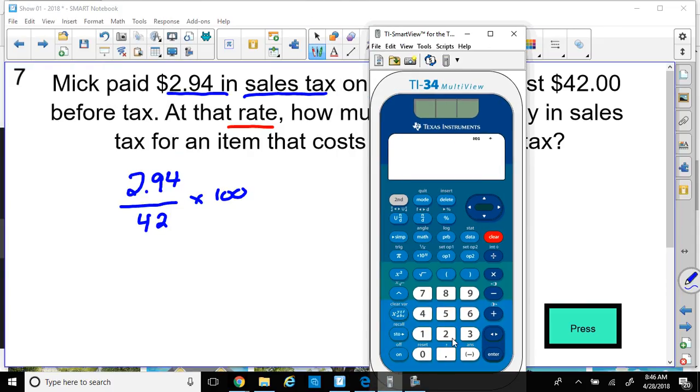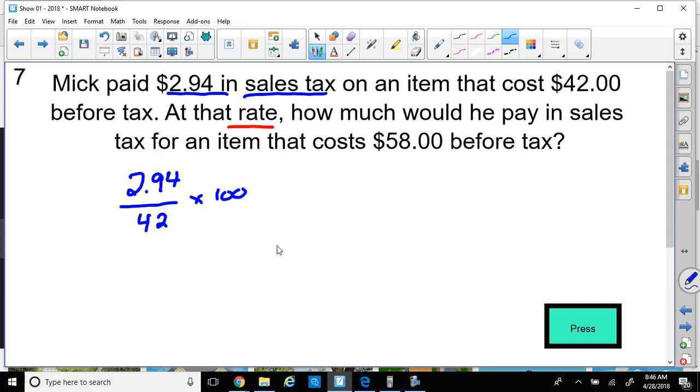All right, 2.94, and let me push my fraction numerator over denominator button, 42, and let's go to right arrow, times 100, and we get 7, and there is my percent.